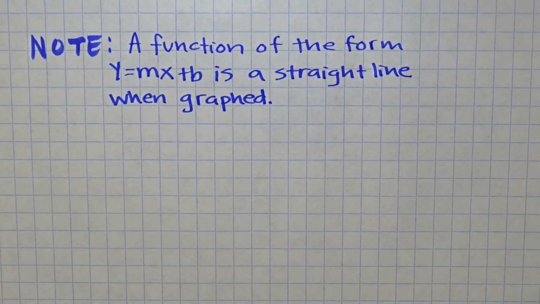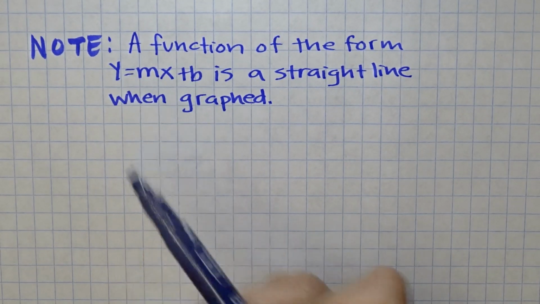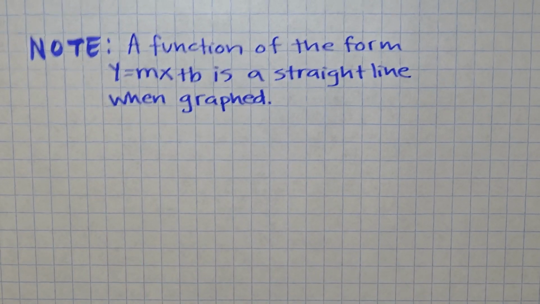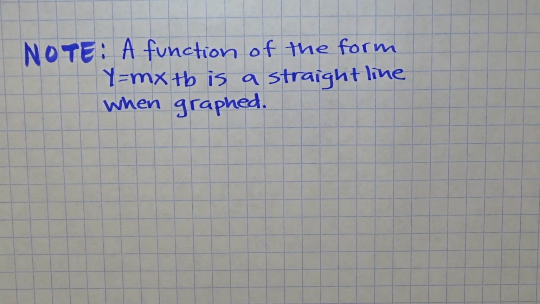So, because we've graphed things before, when you see your function or the rule given to you ends up in this form, you can already kind of predict that it's going to be a straight line because you've seen this before.